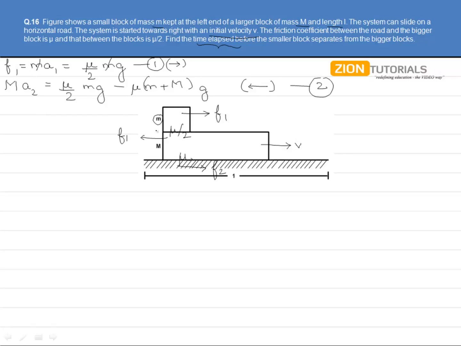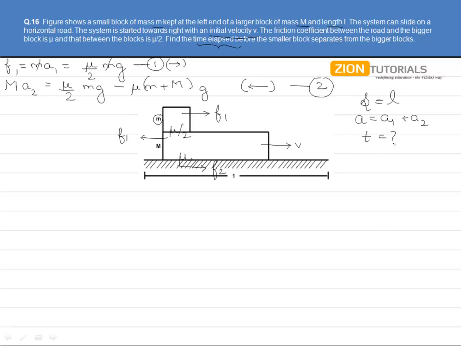Also, let us solve this concept of covering the length L with the relative concept. So we have a relative displacement of length L because block 1 covers L distance with respect to the capital M block. And the relative acceleration will be A1 plus A2 because both are in opposite directions.